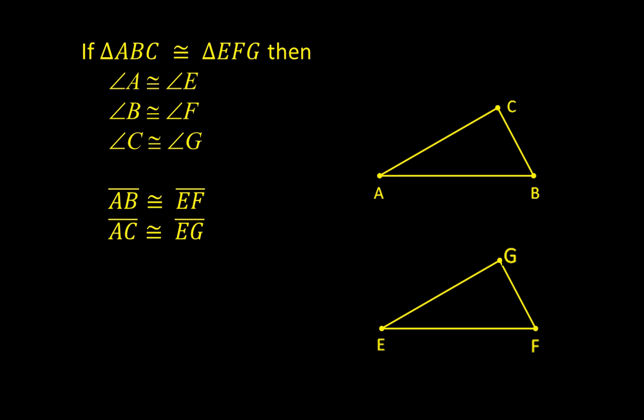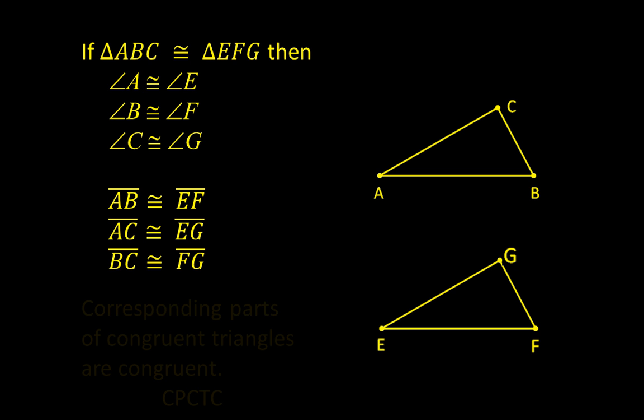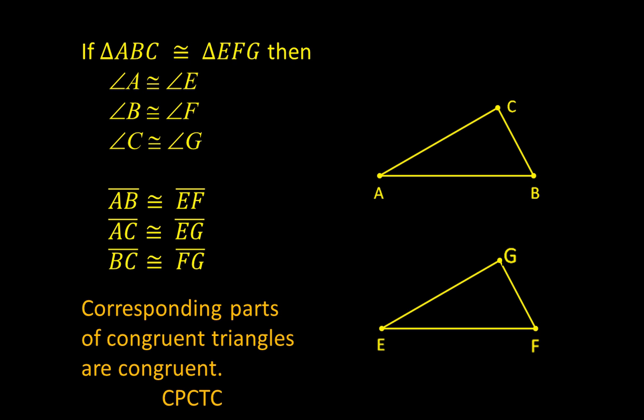Segment AC and segment EG must also be congruent, and segment BC and segment FG would have to be congruent. So when we have two congruent triangles, we have lots of parts of these triangles that are congruent. And in fact, because of that, we can say this congruence in a way that we can also abbreviate.